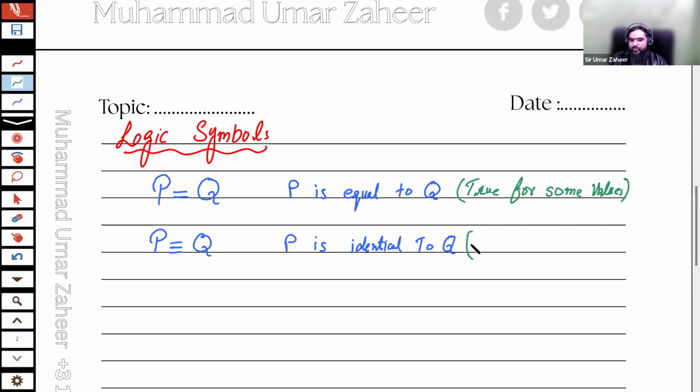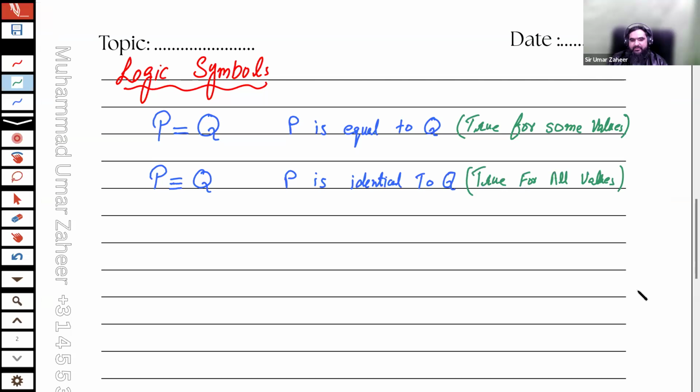The above one is true for only a few values, but this is true for all values. The difference is in how you read it: P is identical to Q, and here P is equal to Q. Equal to means it is true for a few values. Identical means it is just a law. For each and every situation, they are both identical.